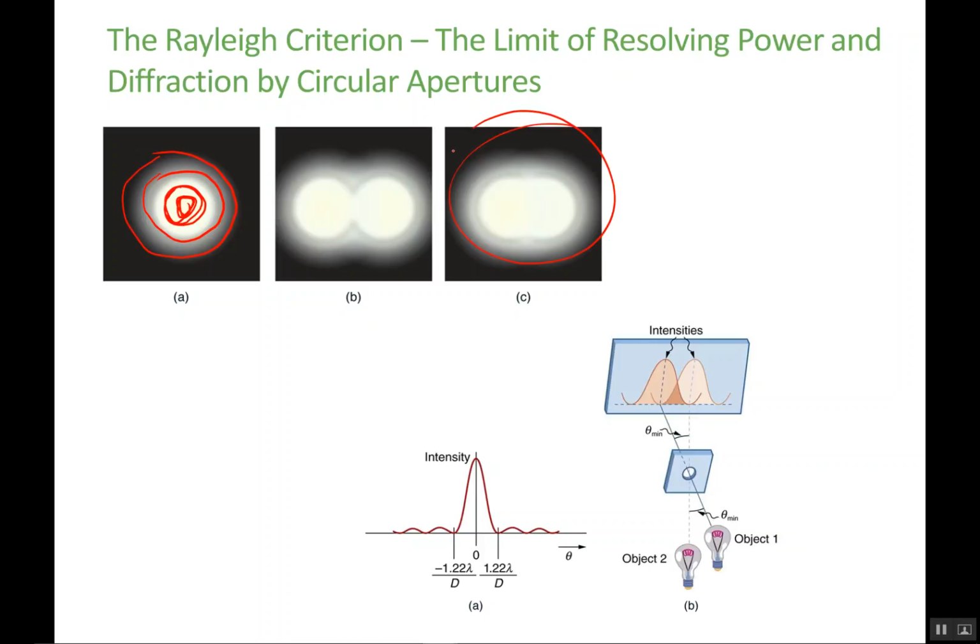In other words, diffraction limits the resolving power of optical devices, and the ability of us to distinguish two separate objects is limited by this diffraction that occurs.